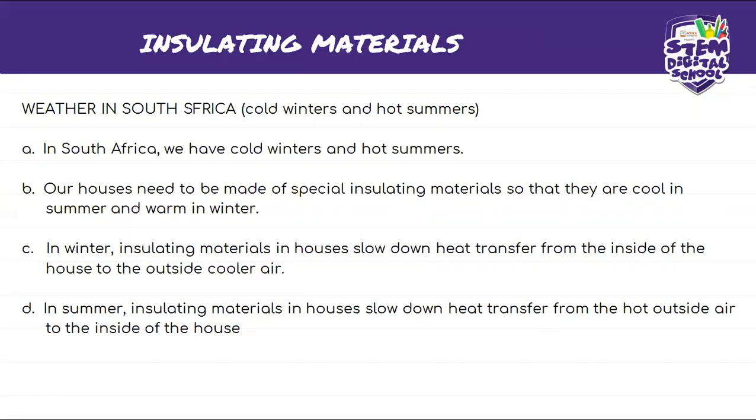So our houses need to be made of special what? Insulating materials. In winter, insulating materials in houses slow down heat transfer from the inside of the house to the outside cooler air.